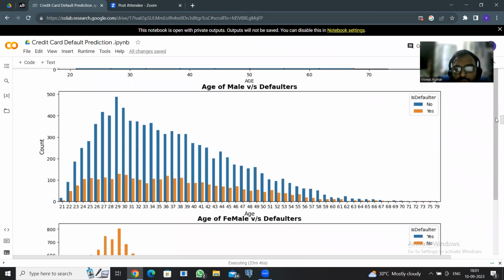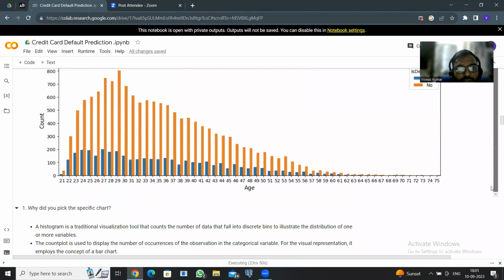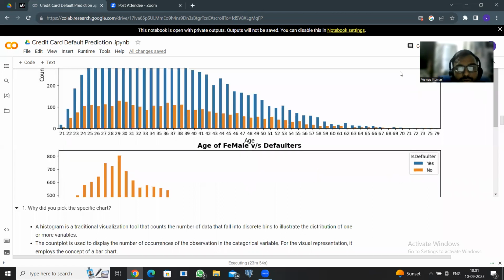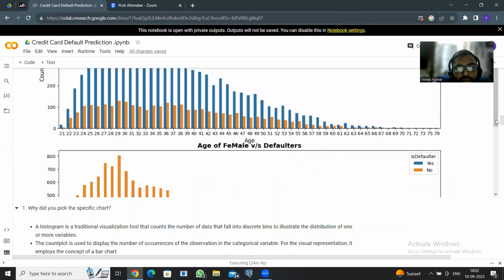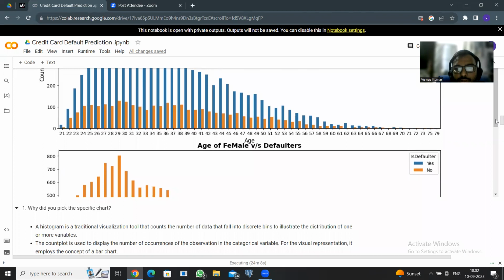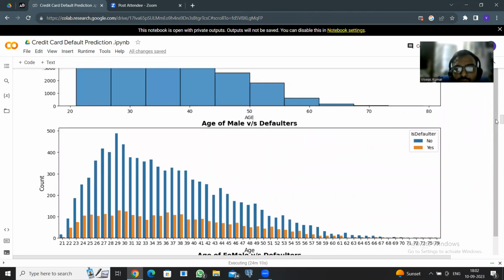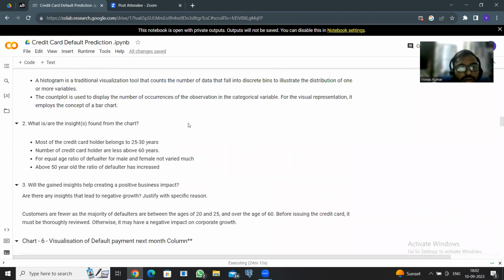Coming to the defaulting criteria, the age group between 20 and 40 has the highest counts, so most of the credit holders belong to 25 to 30 years.